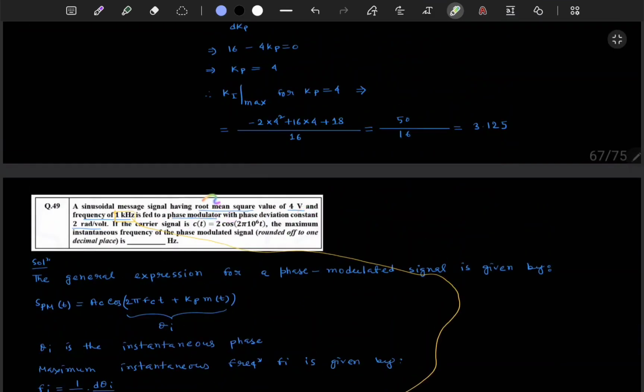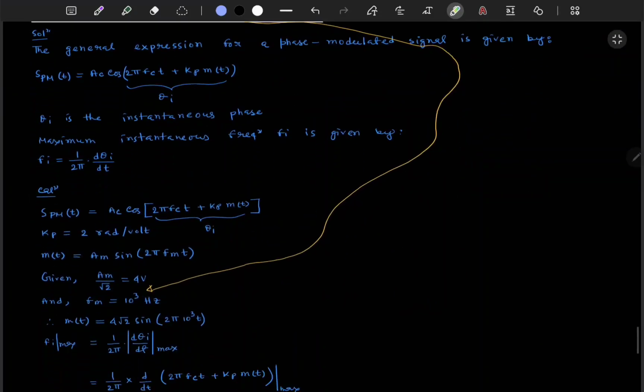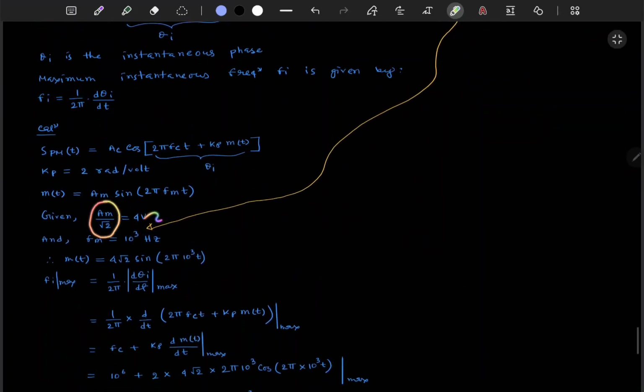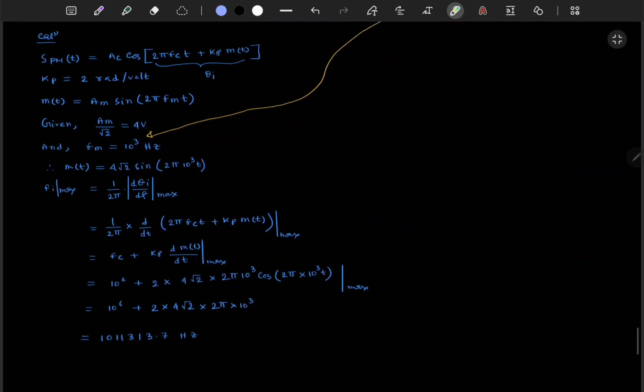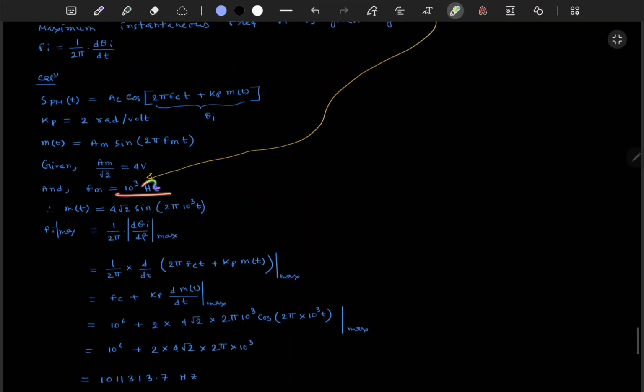This is also given, the root mean square of the sinusoidal message signal is 4 volt. That means Am by root 2 is 4 volt. And fm value is also given, 1 kilohertz, that means 10 to the power 3 hertz. So m(t) equal to this: the magnitude is 4 root 2 sin(2 pi fm t). So this is the message signal.